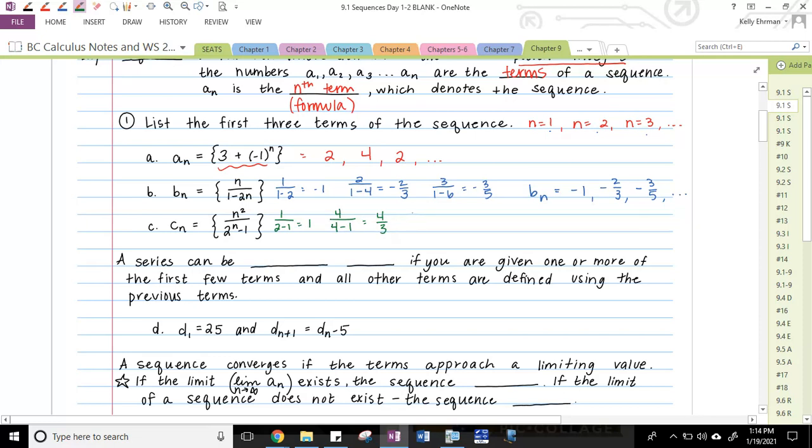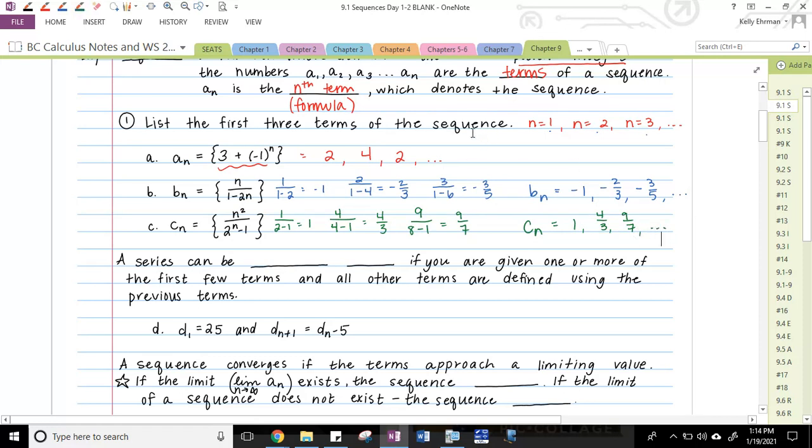If I plug in 3, 3 squared is 9 over 2 to the third is 8 minus 1, 9/7. Okay, I believe this sequence is going to maybe start off increasing and then decrease if I were to keep going, because my numbers would get closer together. All right, so c sub n is equal to 1, and then 4/3, 9/7, dot, dot, dot.